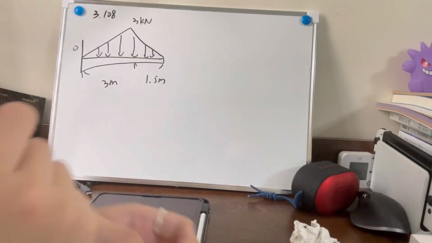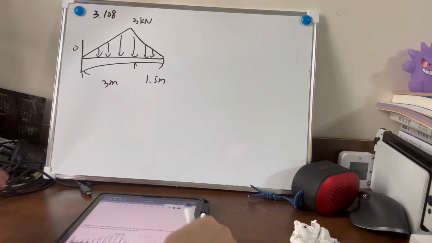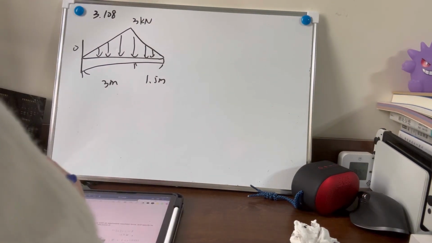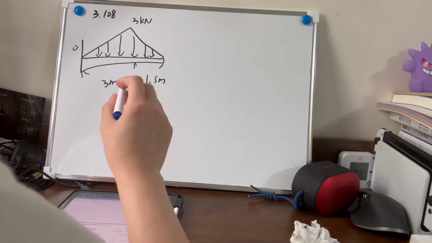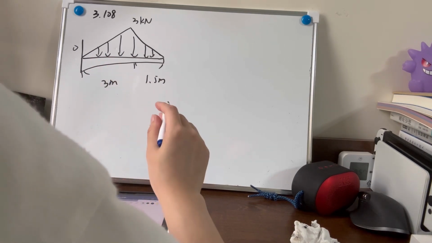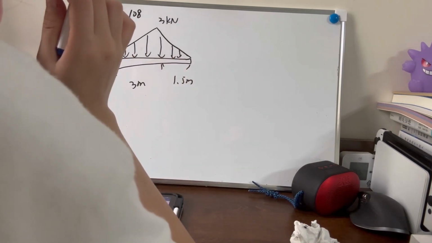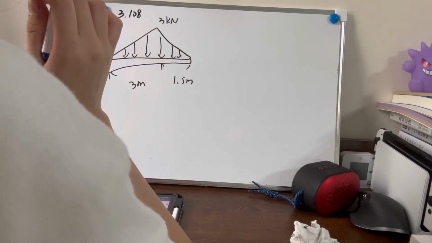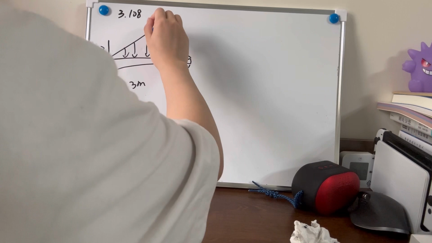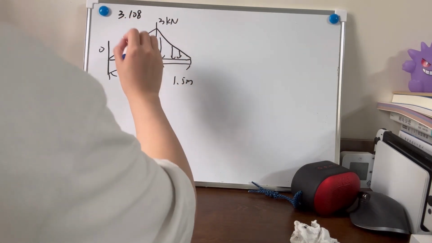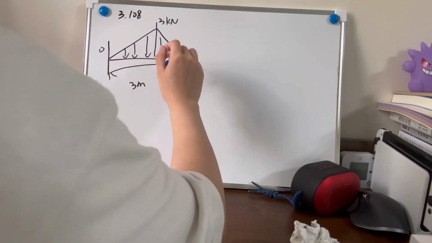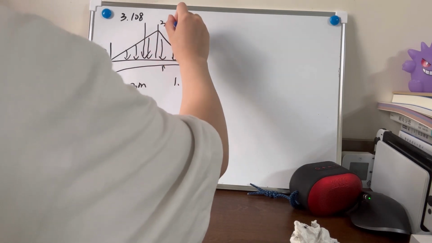And the next question we know is the distributed load. So we have to figure out the F. Where is the F? For this question, I kind of like to divide the force into this triangle and this triangle, so it could be like here and here.